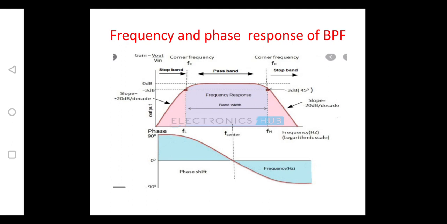Wherever you have maximum voltage gain, the corresponding phase should be equivalent to 0 degrees. Whenever the frequency response is increasing, the phase plot is going to decrease, and similarly, if the phase plot is decreasing, the frequency response is just the reverse of that.